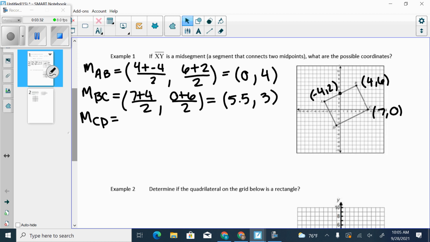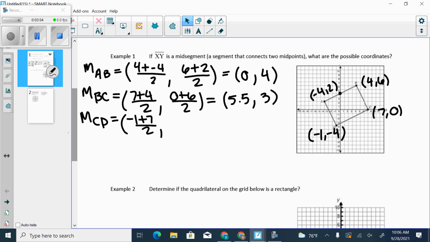So we got our point C. Where is coordinate point D at? All right, so x2 plus x1. Very good. Over 2.